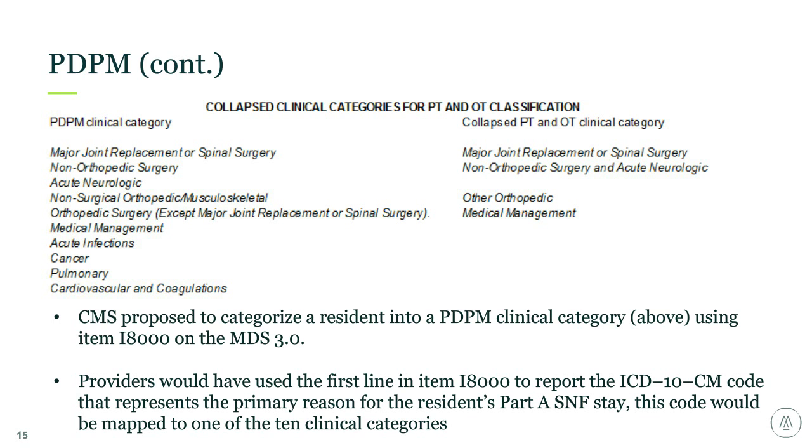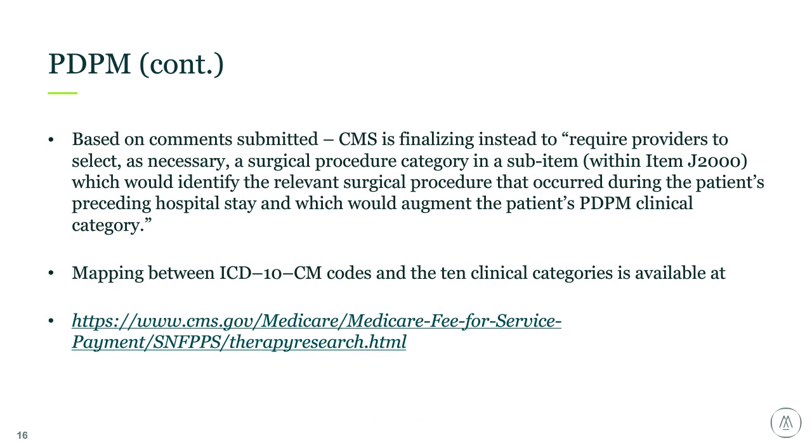But based on all of the comments that were submitted, and you don't see this very often, CMS will typically go on for 3 pages with comments and then have a 1-sentence response saying that they appreciate the commenters taking the time to respond, but nothing's changing.